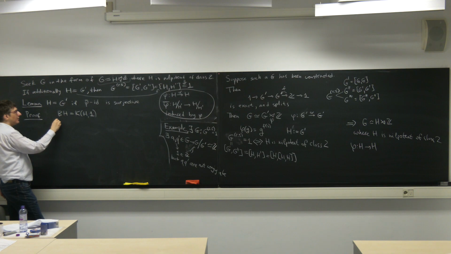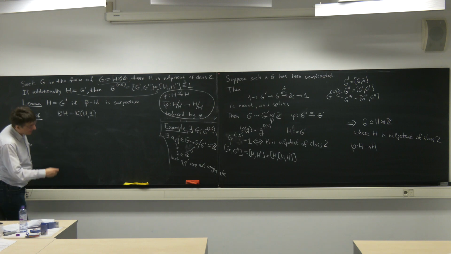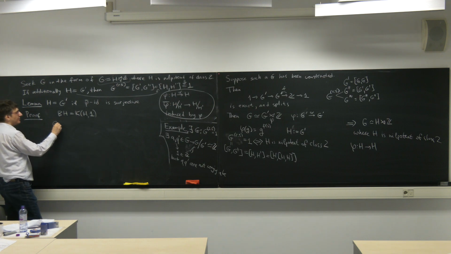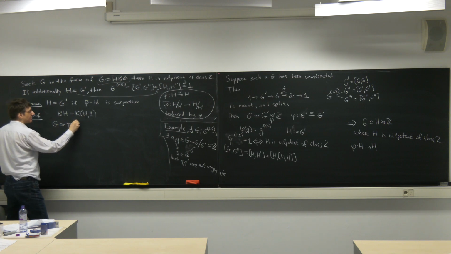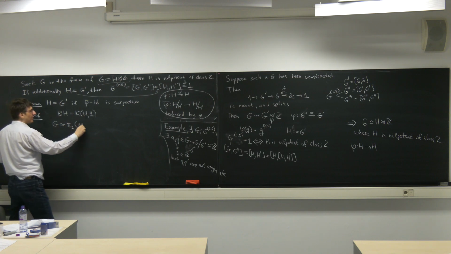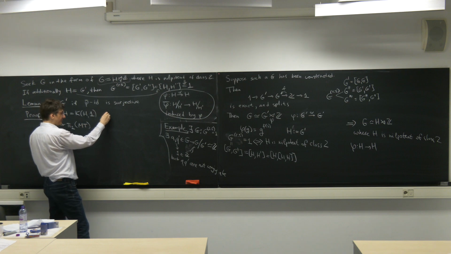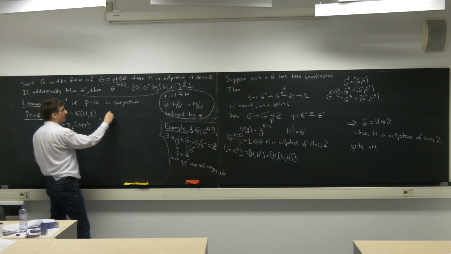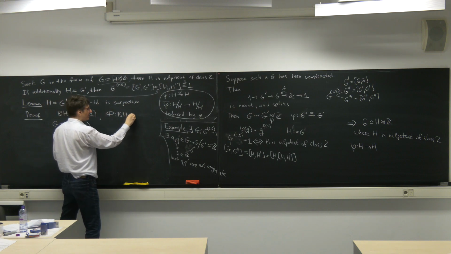So then I claim that G is isomorphic to the fundamental group of the mapping torus of an automorphism. So phi induces an automorphism. Maybe I should call it phi capital from BH to BH.